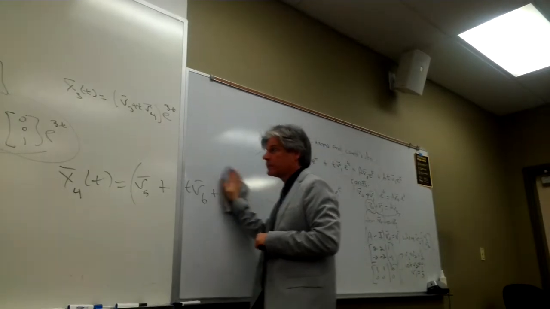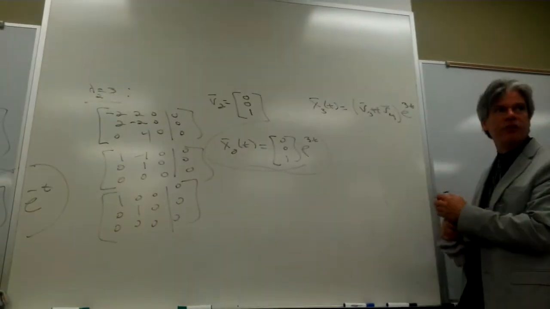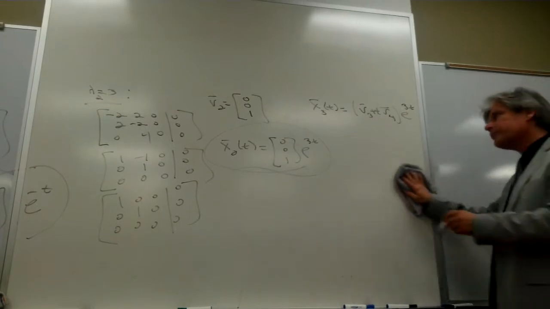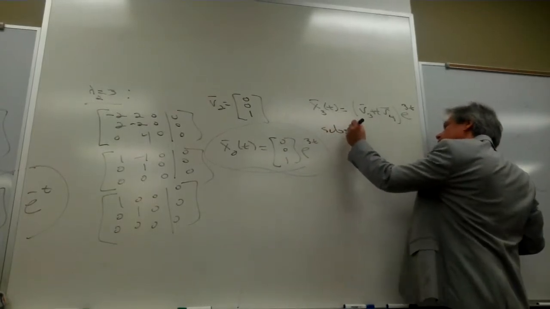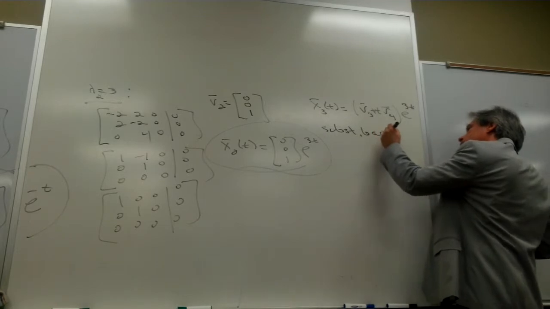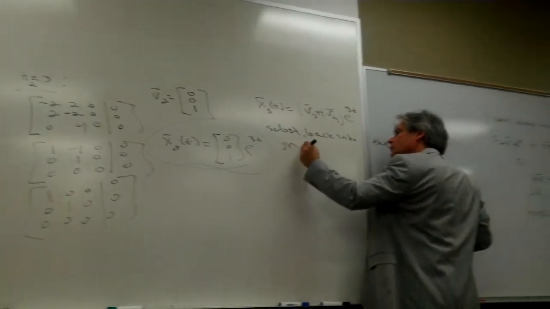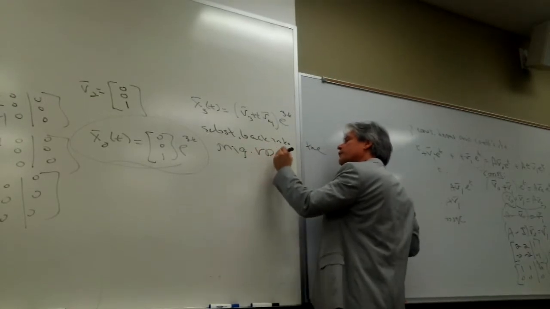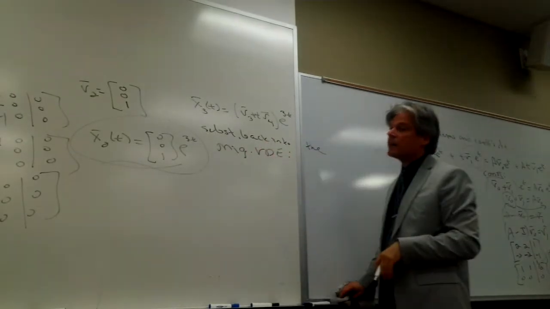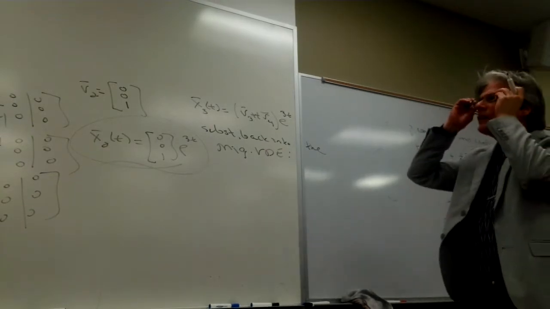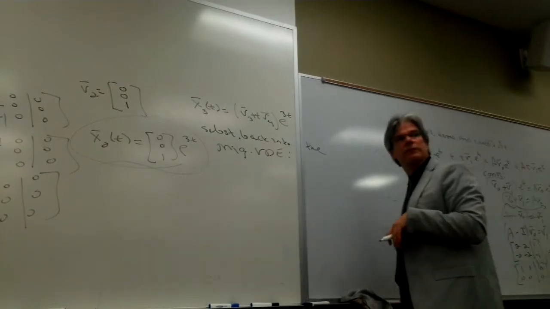All right. Well, everybody, I'm almost done. I think this is my last solution I'm going to generate. Then I'll look at all linear combinations. And I need to pick this up and substitute back into the original vector differential equation. I said back in the original VDE, the left-hand side I've got to differentiate.